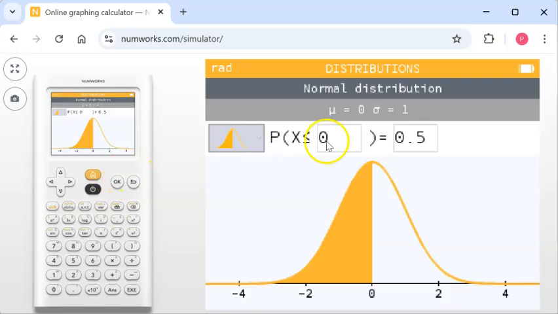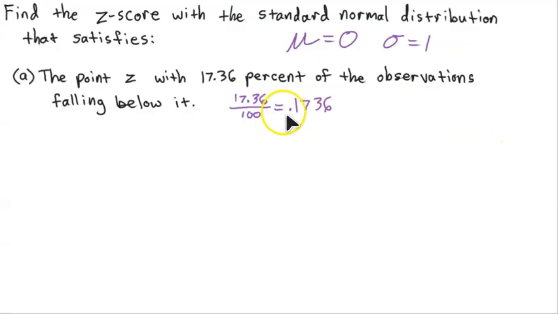And now what we have to do is this box right here is where you're going to get your z-score. But your proportion is going to be over here in this box, okay? So we're going to go over to there, and let's look back at what our proportion was. It's 0.1736.